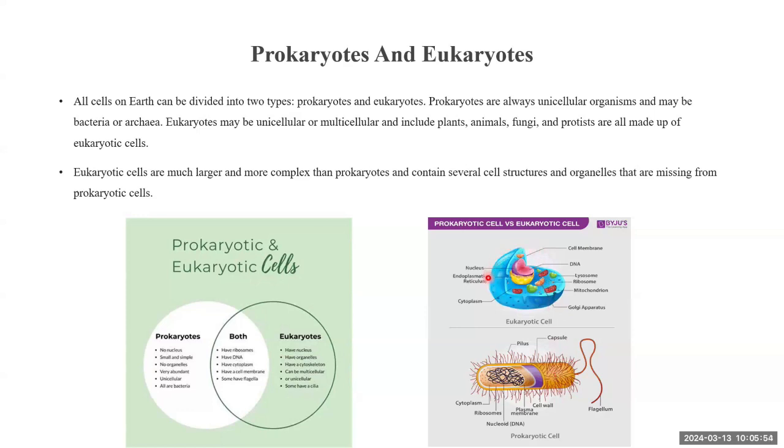The covering around the cell is called the cell membrane, and the fluid inside is called cytoplasm. These different tiny things are the organelles, and this one is the nucleus, which is also called the brain of the cell. It controls all the activities in the cell.